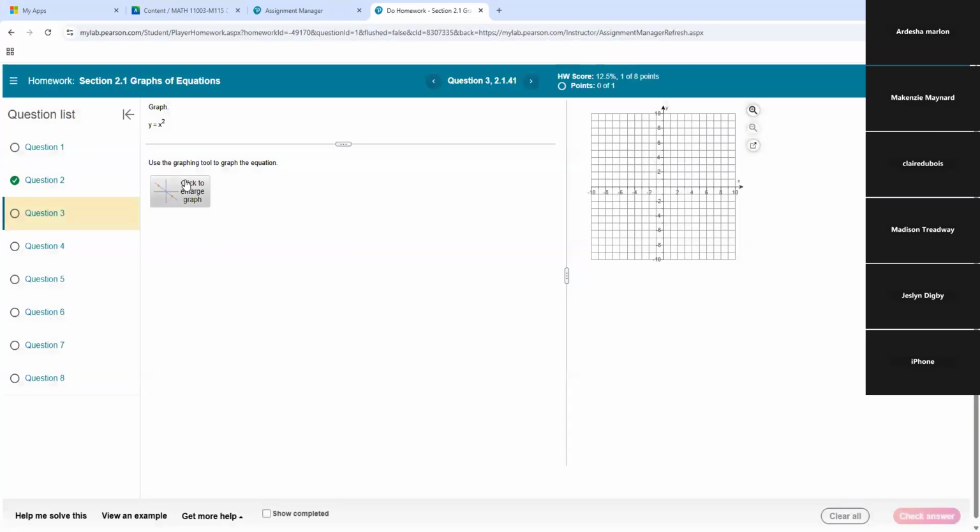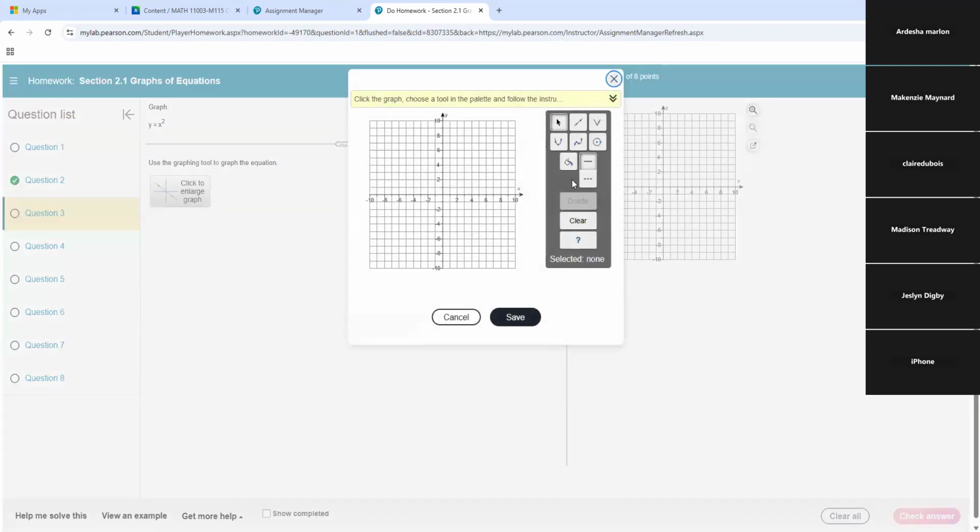All right, so I'm going to click the enlarge graph. All right, so you want the first tool on the second line. They call it a 3-point quadratic tool. So click that. A quadratic is because it's got that x squared in it, okay? So plot your 3 points. I had negative 1, 1. So I'm going to go left to negative 1, up to 1. I had 0, 0.